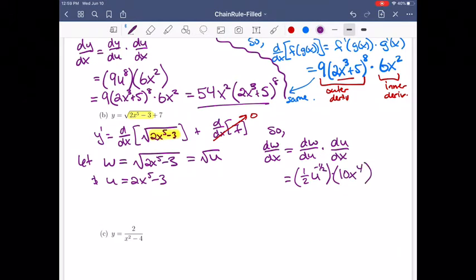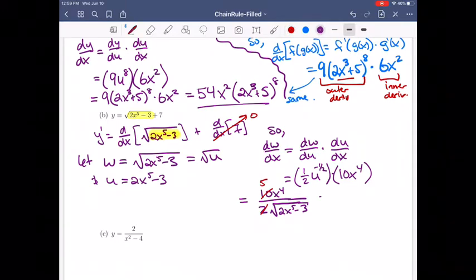Okay, so putting these together, this can go to the bottom, so it's going to be 10x to the 4 over 2 times the square root of u. So this is 2x to the 5 minus 3. And I can actually simplify with the 2. So the 2 cancels and makes this a 5.